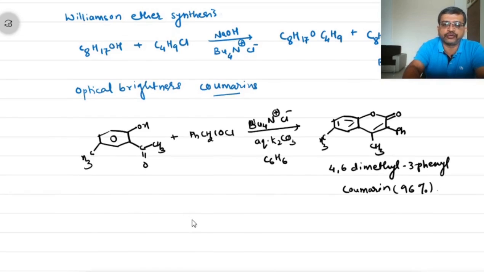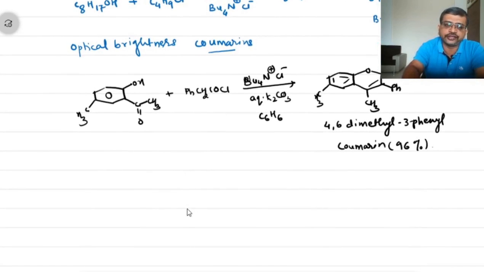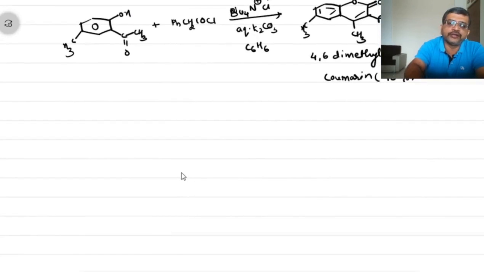If we are not using it, this reaction requires anhydrous conditions and the yields are very low. When we use tetra-N-butyl ammonium chloride, we increase the yield of the products.